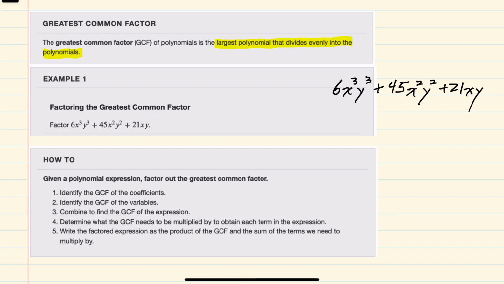the greatest common factor. Starting with identifying the GCF of the coefficients, our coefficients being 6, 45, and 21, the greatest common factor, or the largest number that divides evenly into each of those, will be 3. And then we are to find the GCF of the variables.